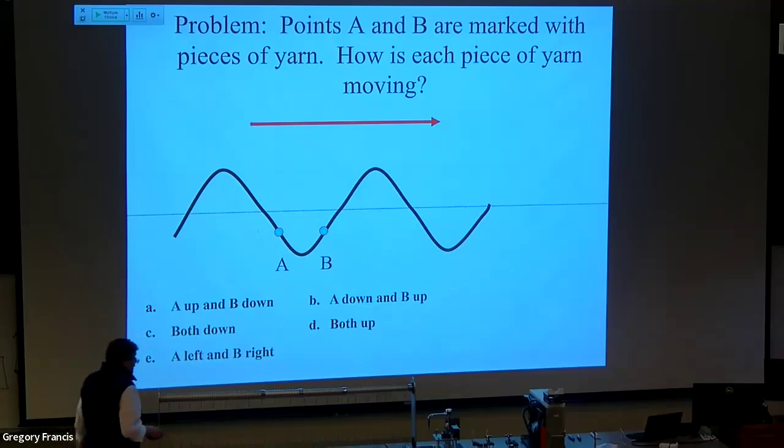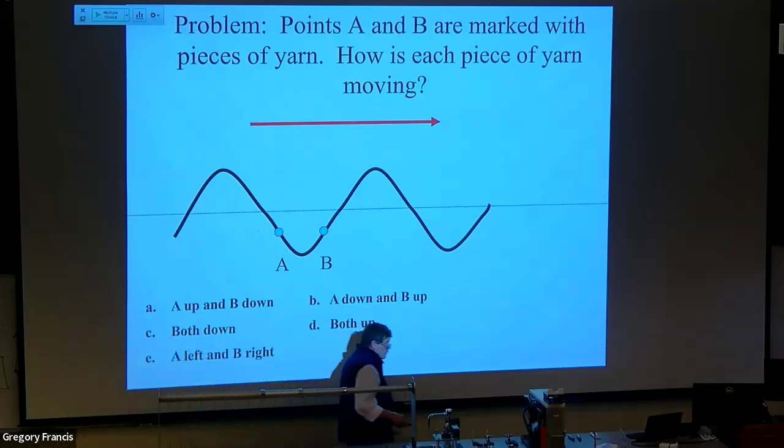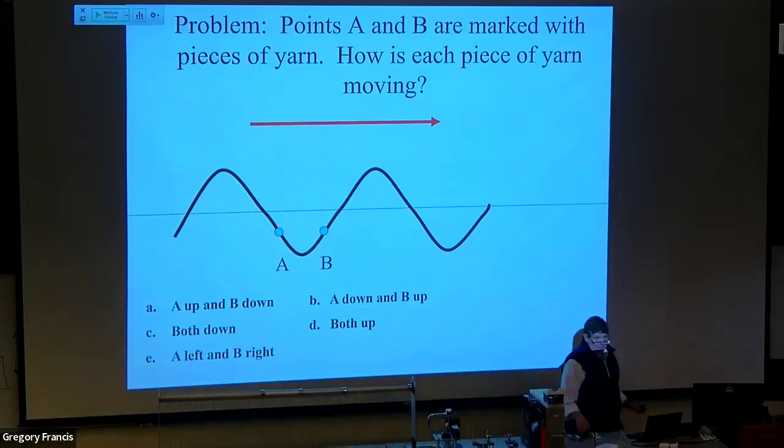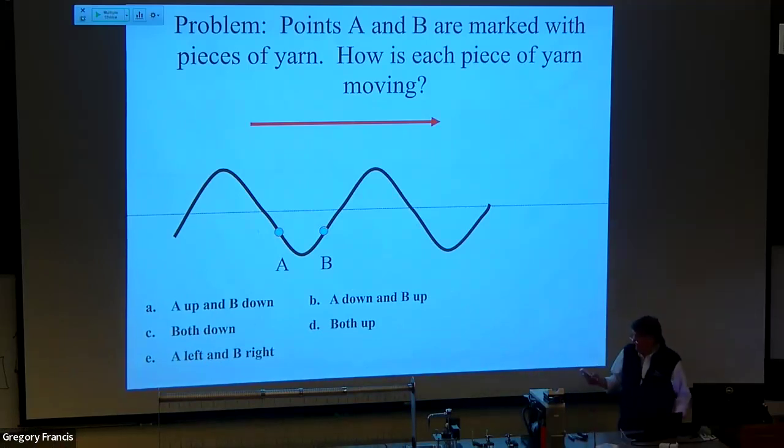Okay? Now, before we vote, let's just all agree that E is just silly talk, okay? Because this is a transverse wave. Nothing's going left or right except for the energy, the wave itself. But the bits that carry the wave are going up or down.